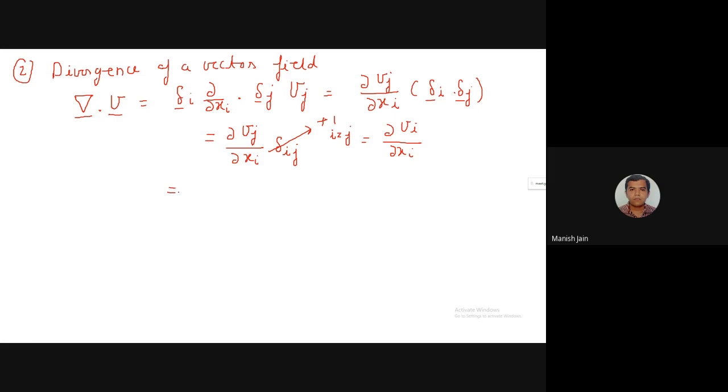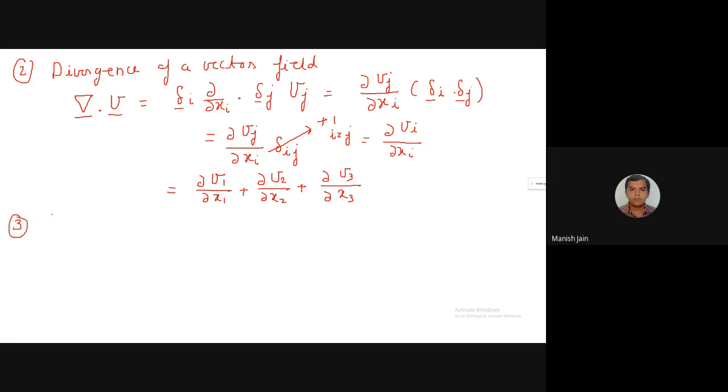It can take the values 1, 2, 3 for three-dimensional space. So you have ∂V1/∂x1 plus ∂V2/∂x2 plus ∂V3/∂x3.